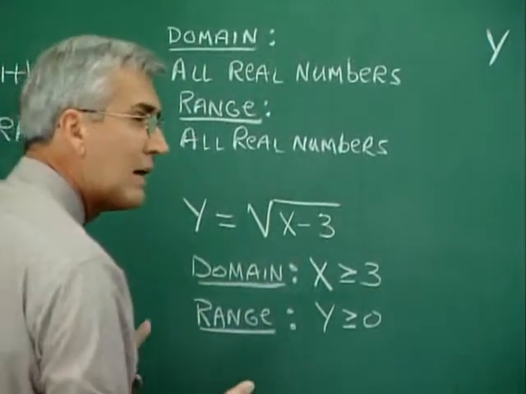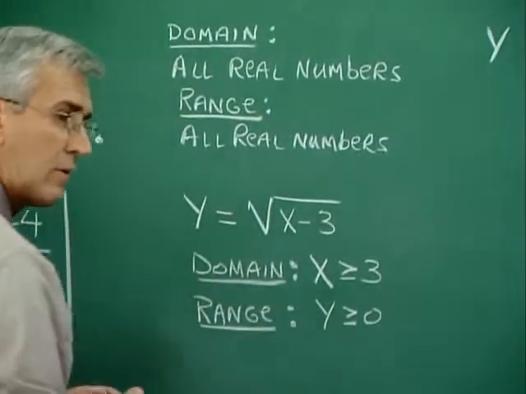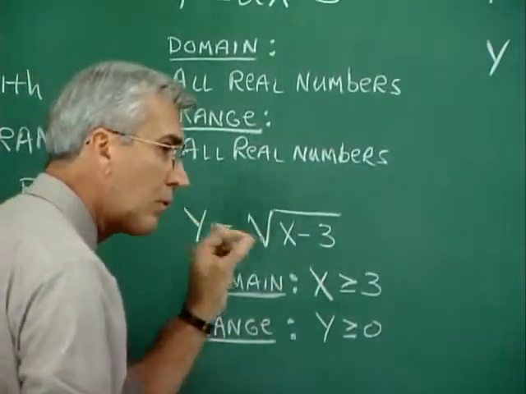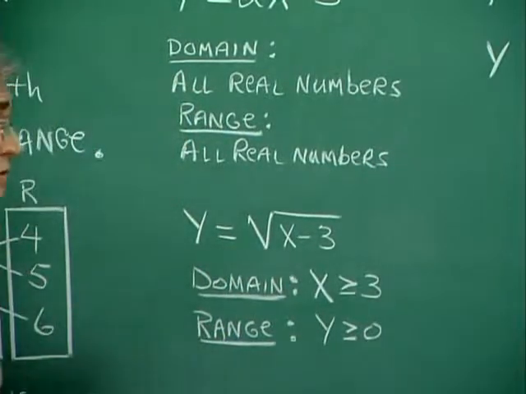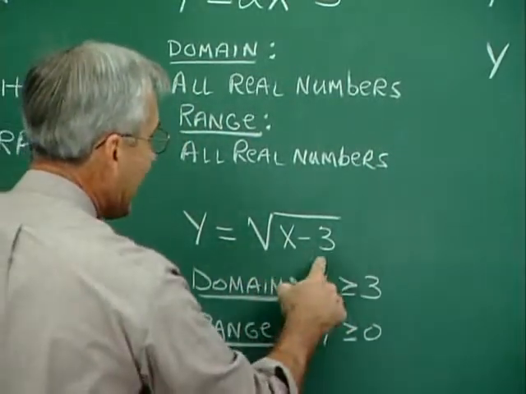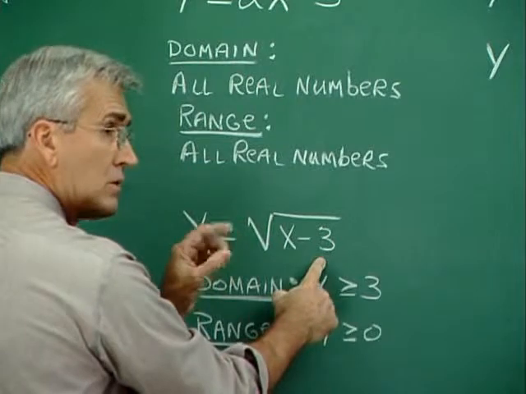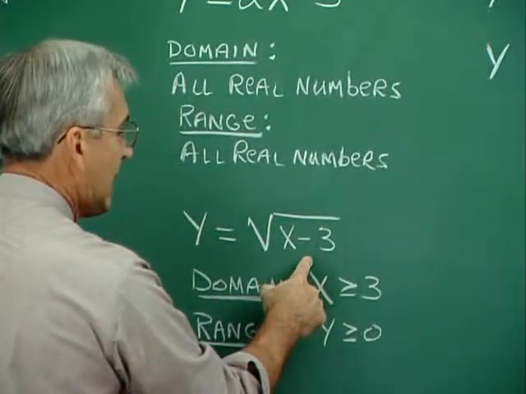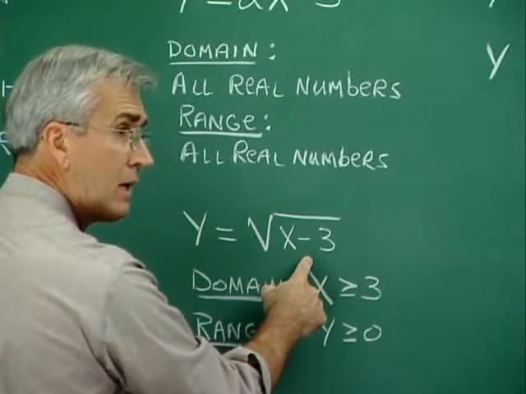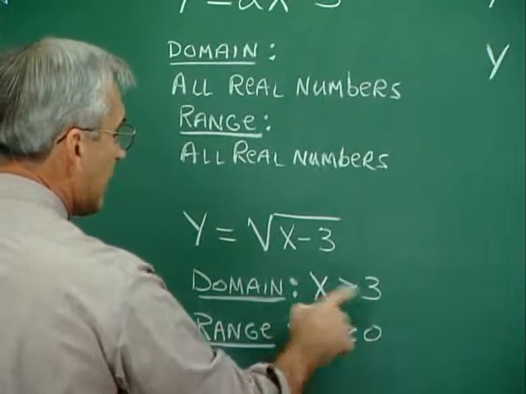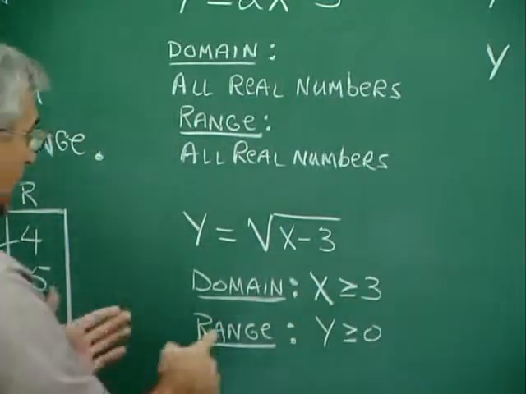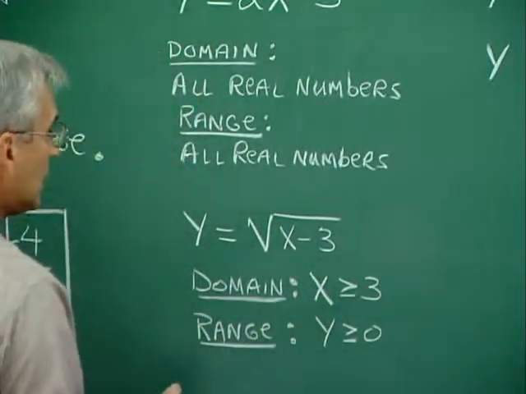Aha, now we have a domain that's not all real numbers, because the acceptable replacements for x are those values of x for which the radicand is positive or 0. So that means x can only take on values greater than or equal to 3. So the domain is x greater than or equal to 3. Now, the range is pretty easy to identify as well.